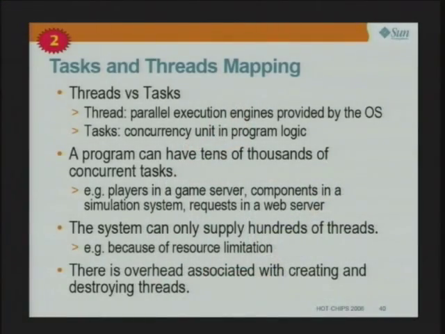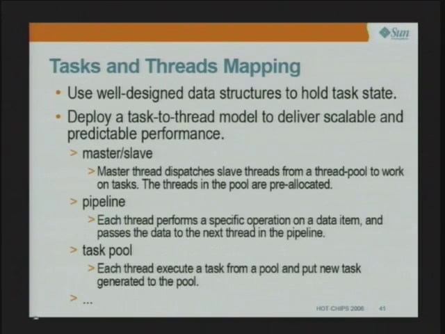So what people usually do these days is to think in tasks, create threads, and map tasks to threads. You want to use a well-defined data structure to hold the task state, and you can deploy a thread-to-task model to achieve scalable and predictable performance. You can do a master-slave model.